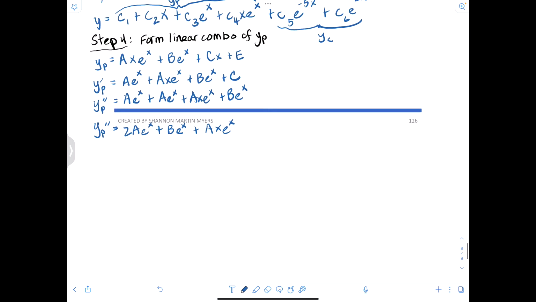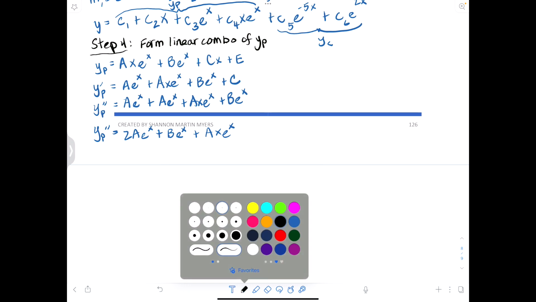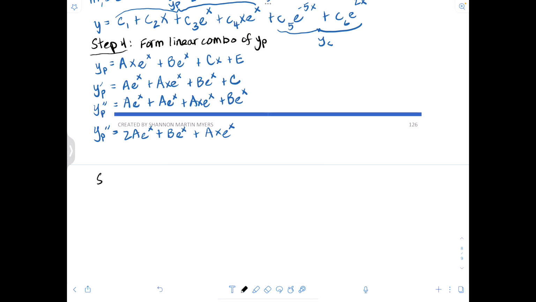Now this one will probably bring it together for you more as far as solving for the coefficients, because there's more going on. So here we want to solve for the unknown coefficients in yp.